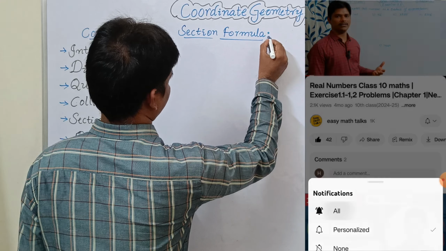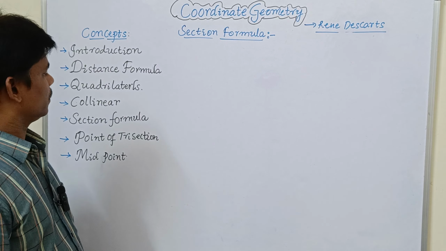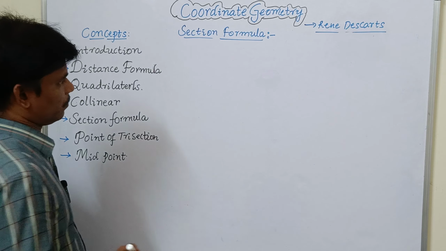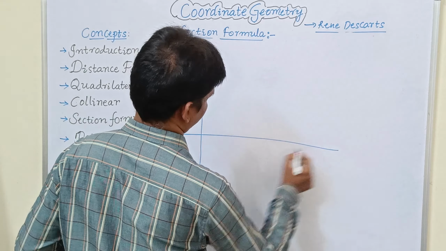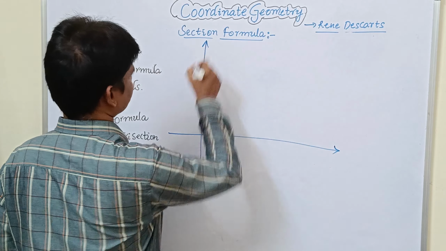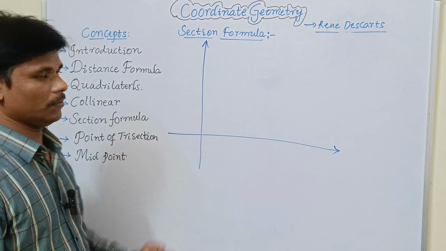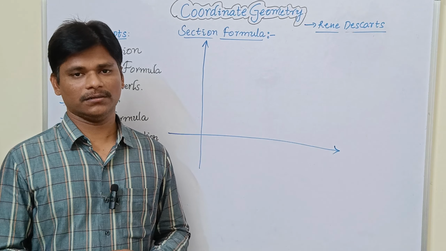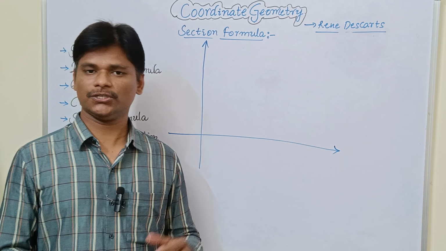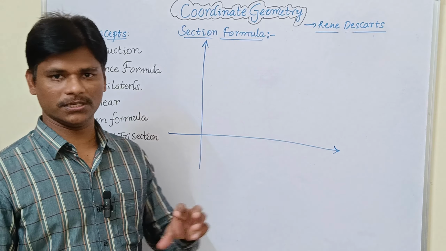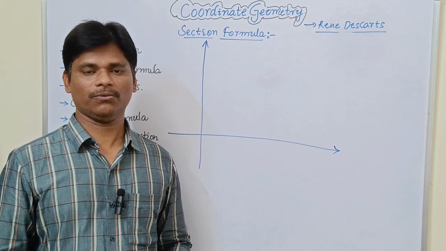Suppose in a class 10 there are 60 students. How do we section those 60 students? 30 and 30: 30 students in one section, 30 students in another section.